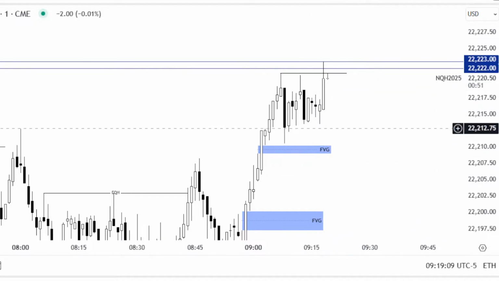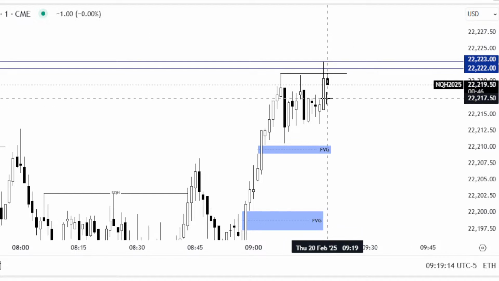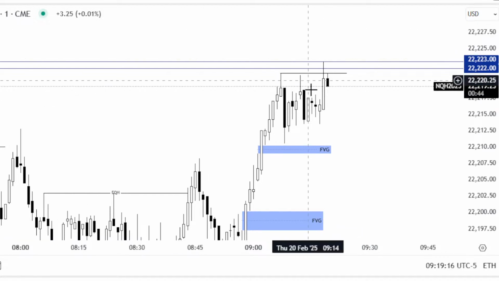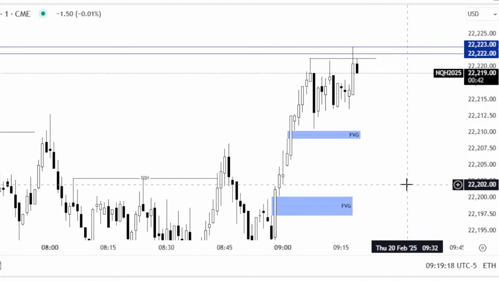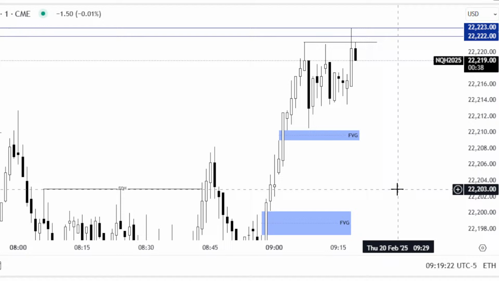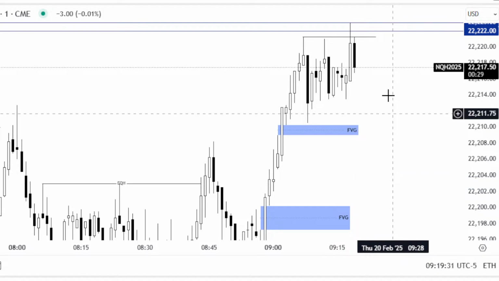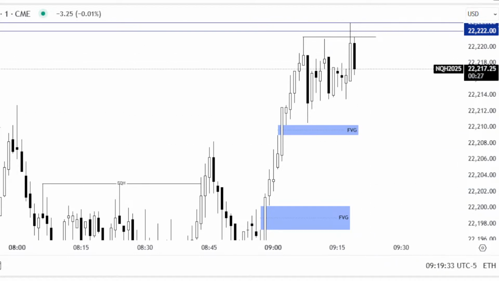So let's see if that's going to hold here and create some sort of a fair value gap. Or maybe we're just filling this to go higher.